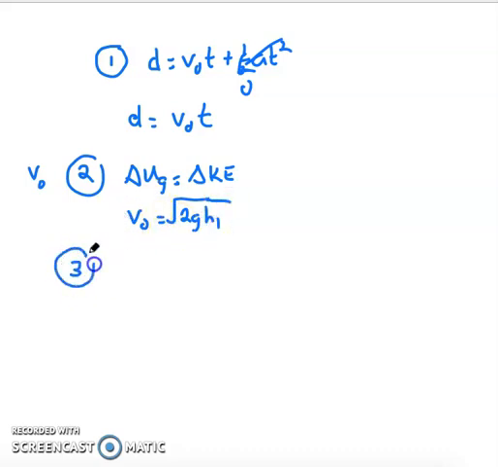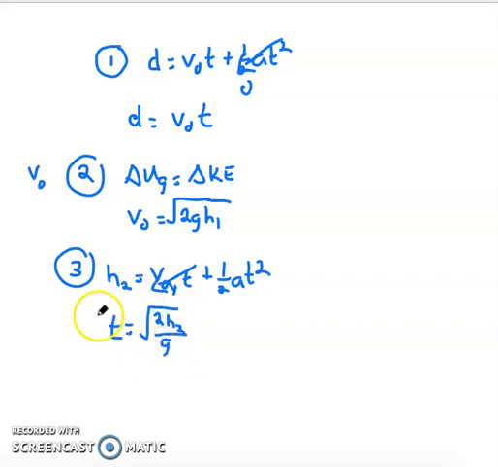For the third one, you want to find the time in the air. That's where you use kinematics. So I'm going to put basically h2 equals v naught y t plus 1/2 a t squared. Okay, this is 0 because it's coming off horizontally, so there's no initial vertical motion. So if I solve for time, I get radical 2 h2 all over g.